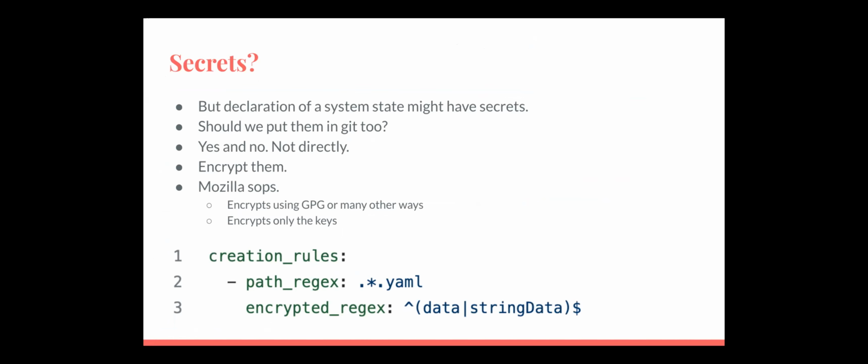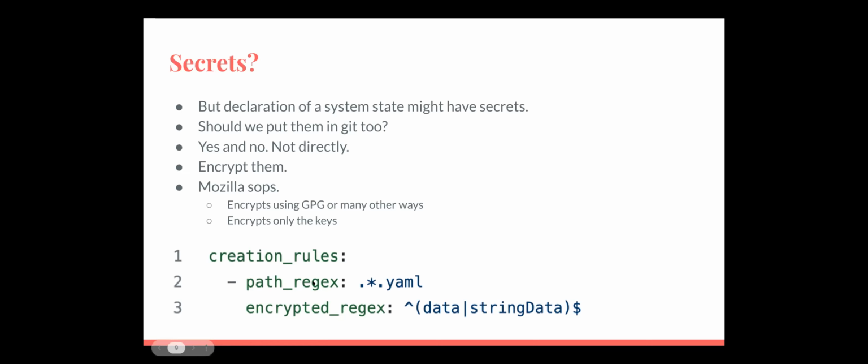There is another open source tool called Mozilla SOPS. Given the specifications, it will encrypt the values of the keys that you give it. Here I have a short example.